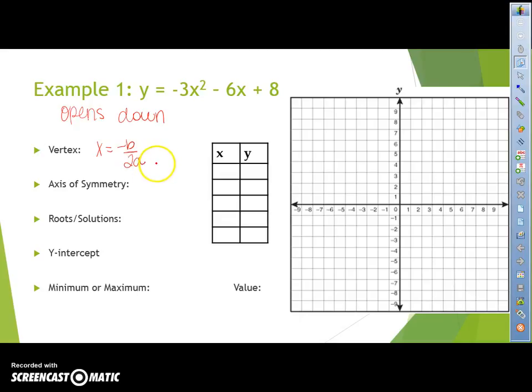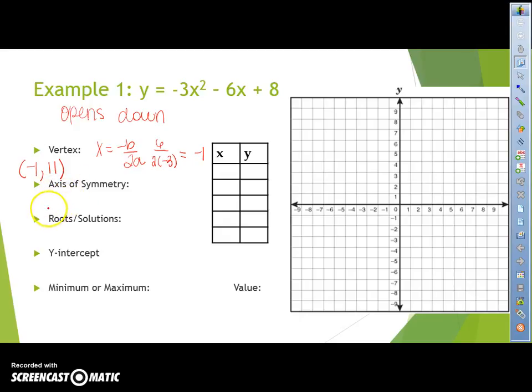So we have a positive 6 over 2 times negative 3, which is going to give us negative 1. That's your x-coordinate. We're going to substitute that back into the equation, and when we do, our y value is 11. So negative 1, 11 is going to be your vertex.